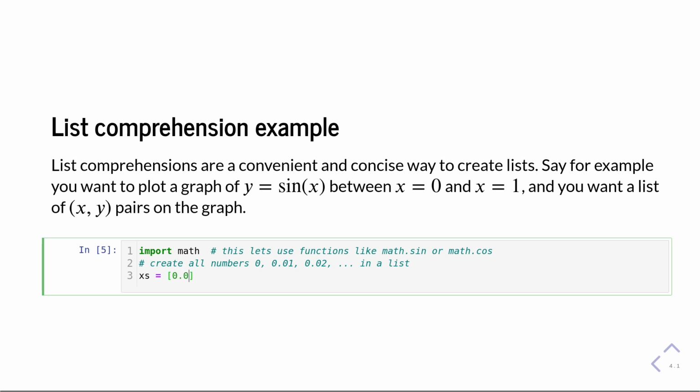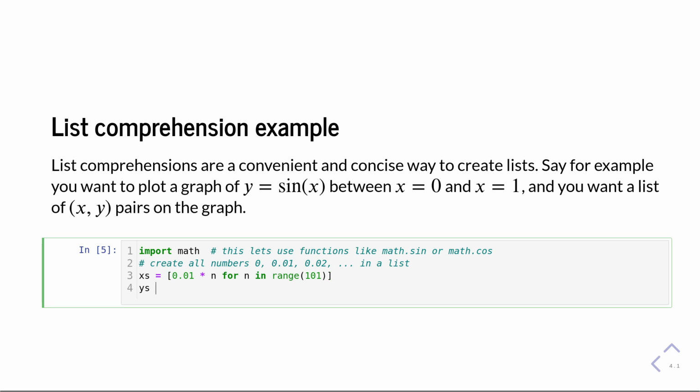So we might do this as 0.01 times n for n in range(101). Okay, that would give us 0.01 times 0, 0.01 times 1, 0.01 times 2, and so on up to 0.01 times 100. So all of the numbers 0, 0.01, 0.02 up to 1. And those could be the x coordinates on our graph.